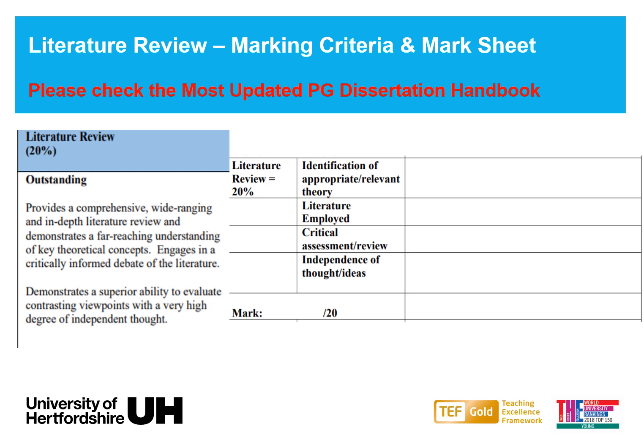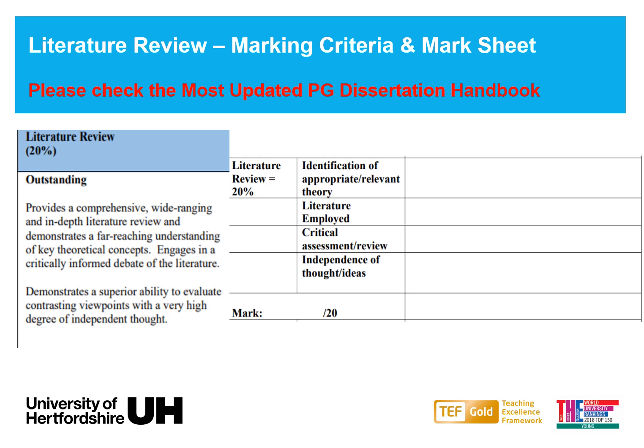So the most updated PG dissertation handbook suggests that in the literature review for an outstanding standard, students should be able to provide a comprehensive, wide-ranging, and in-depth literature review and demonstrate a far-reaching understanding of the key theoretical concepts, and engage in a critically informed debate of the literature, and demonstrate a superior ability to evaluate contrasting viewpoints with a very high degree of independent thoughts.